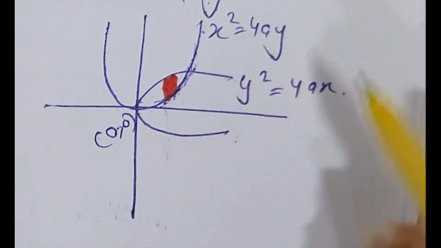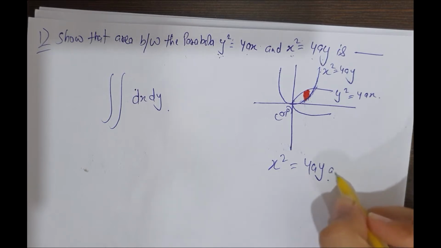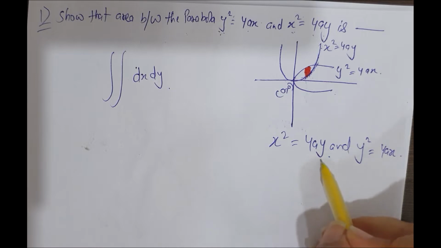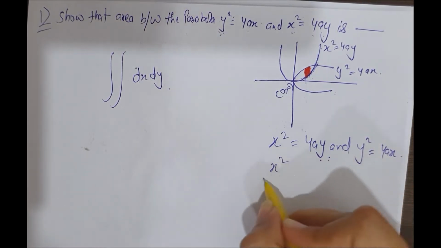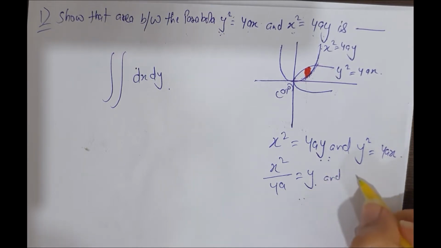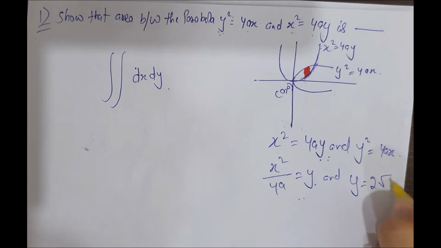What will be the y limit? Here the equations are x square is equal to 4ay and y square is equal to 4ax. Find the value of y from here. The value of y from one curve is this and from the other curve is this.